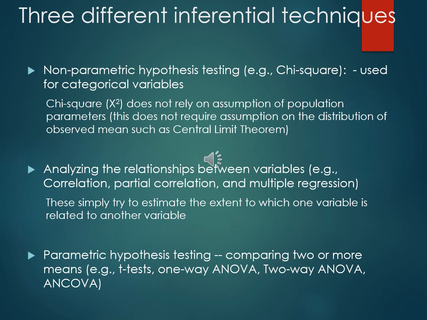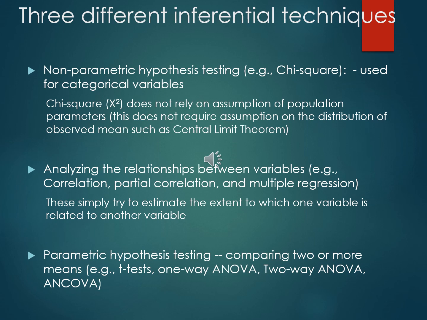So there are three different kinds of inferential statistical techniques available in statistics. Number one is non-parametric hypothesis testing, which is like chi-square. This is used when you have categorical variables and your variable is not interval scale. Number two is analyzing the relationship between variables, which is correlation, partial correlation, multiple regression, this kind.